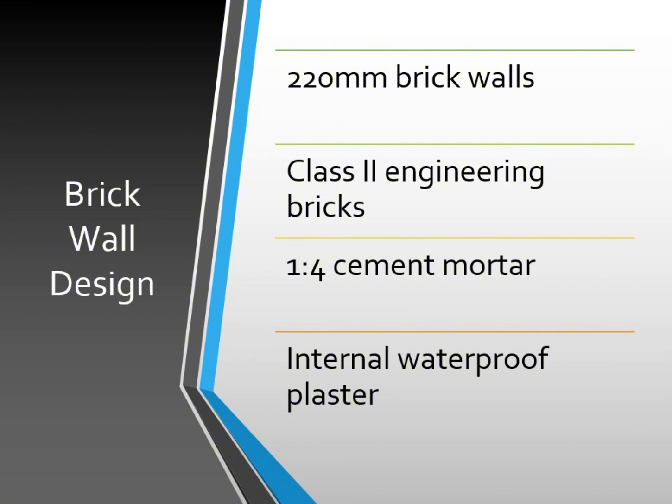Common specifications will include a 220 millimeter brick wall thickness, class 2 engineering bricks, and a 1:4 cement mortar mix. The internal plaster will be 20 millimeters with an admixture for waterproof properties. The walls must be fully watertight to prevent leakage.